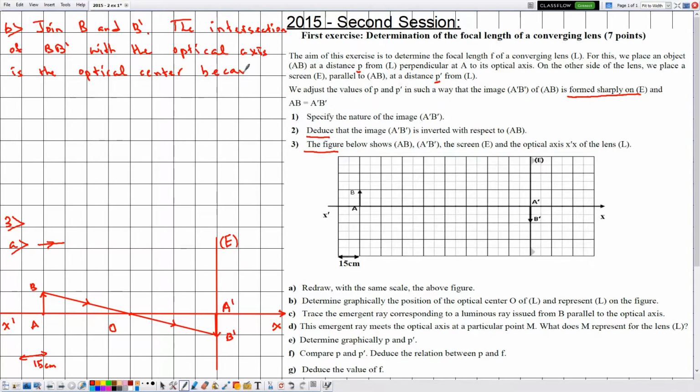Because we know that an incident ray issued from B passing through the optical center emerges without deviation.